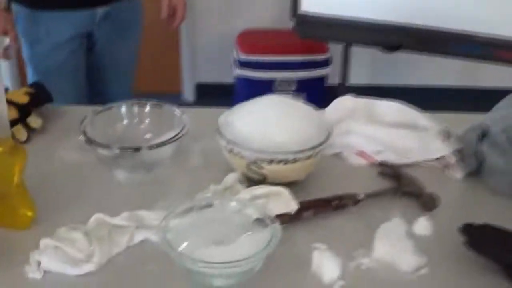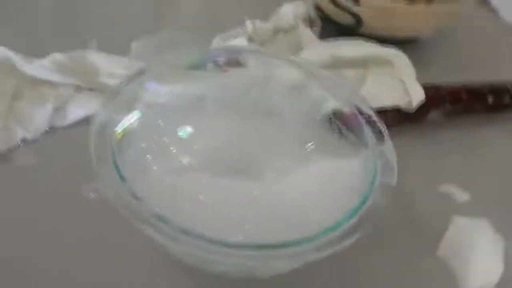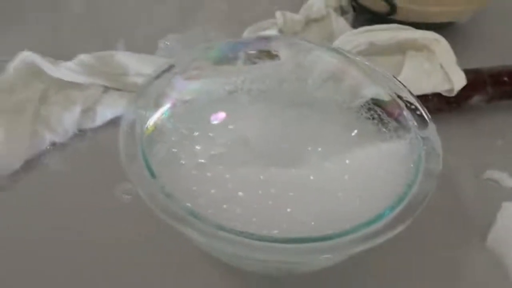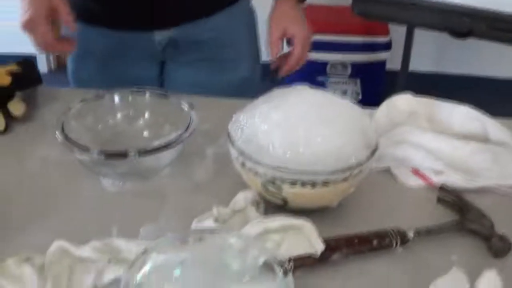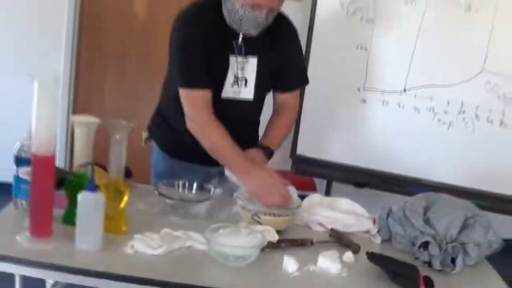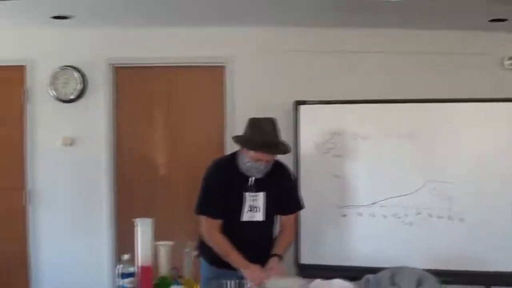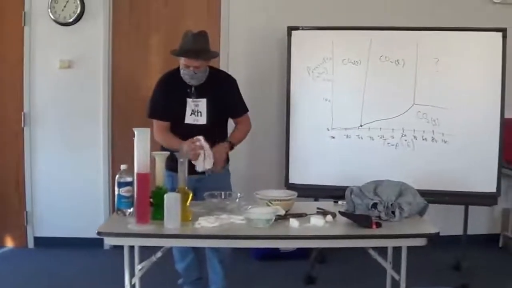That's a little bit better view of it as it makes that bubble. It works nicer if you can get it across the first time without all the small bubbles in the way. But hopefully you get the idea there.